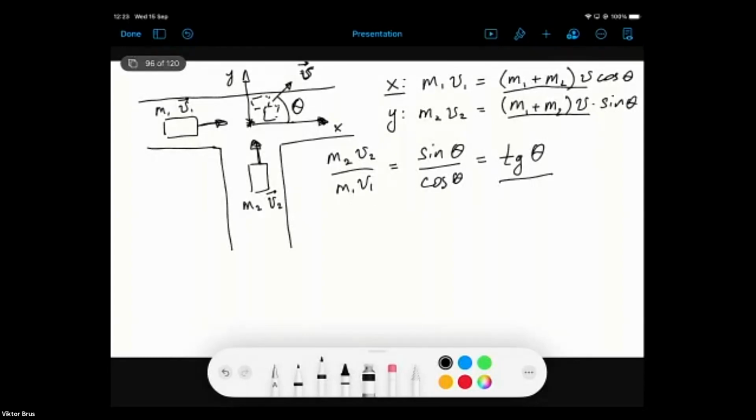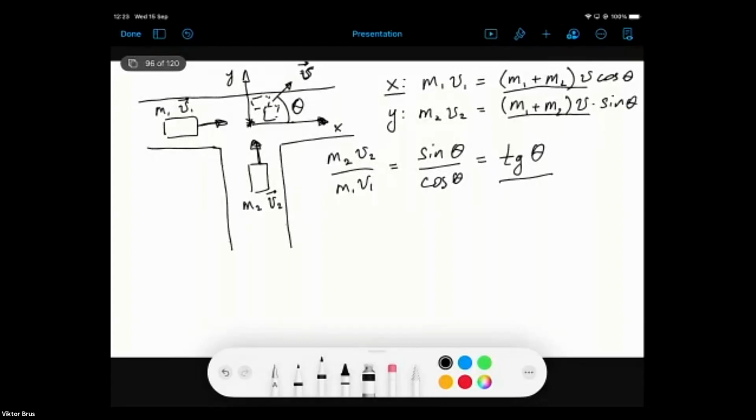So if we, for instance, have a linear momentum of the second body much larger than that of the first body, we see that it will be dominant for the direction of the motion after the collision.